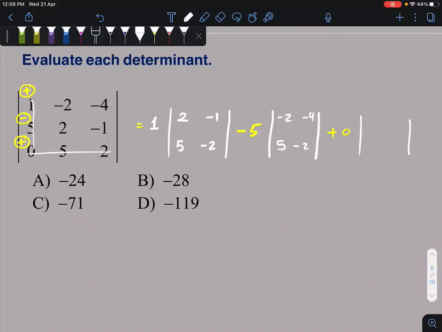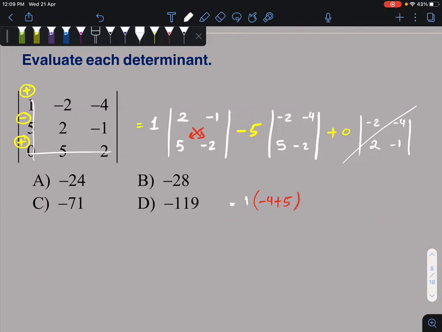So we cancel the row and the column that include this 0. We still have -2, -4, 2, and -1. This all gives us 0. We evaluate here, so we have 1, and do the same thing as we did in the previous question. 2 times -2, which is -4, and multiply -1 by 5 gives -5, and there is a negative, so it becomes 5.